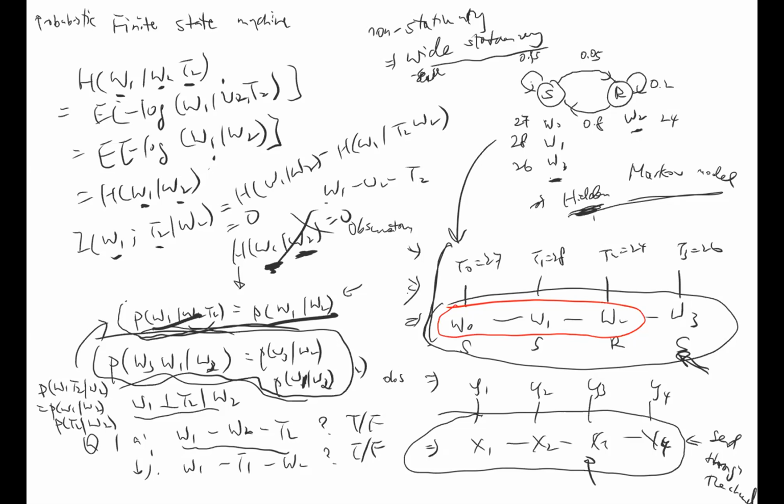Based on the probabilistic model, I want to figure out the weather yesterday, and the amount of information needed to represent that will be H(W1 | W2) bits. Is that clear?